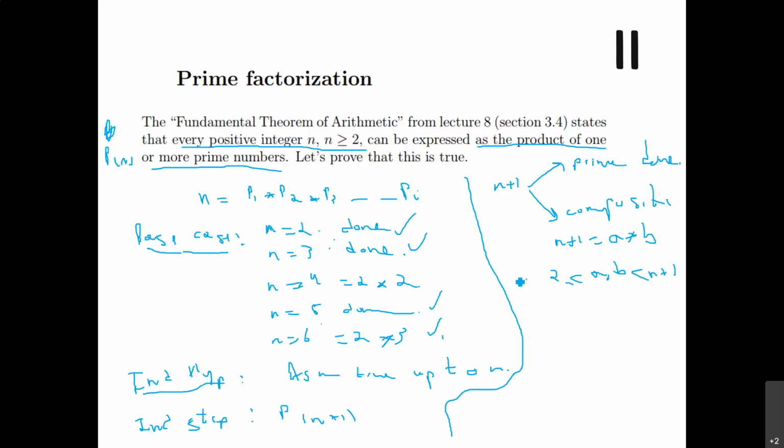You could have said 1, but it doesn't make sense. It's like you're saying it's divisible by 1, obviously. What does this mean? Then a and b have to be between 2 and n.